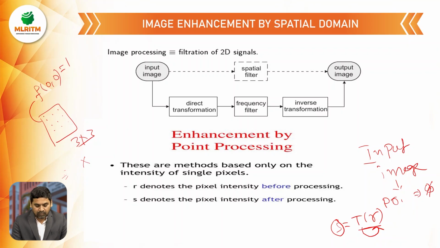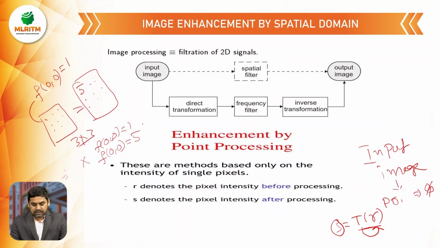So for example, the output of this point processing is that the first pixel intensity value is 5, and the remaining coordinate values are the same. What changes is that before processing the intensity value at f of 0, 0 is 1, and after processing it is 5, and the output replaces the same coordinate.